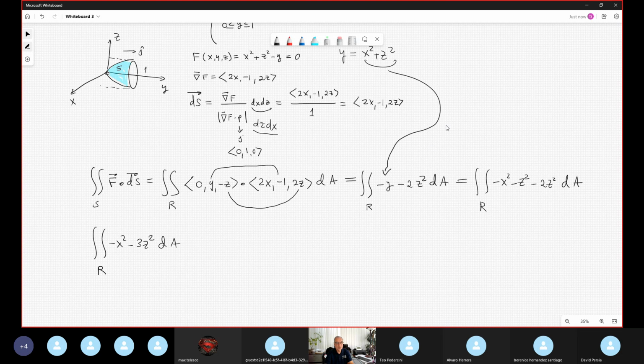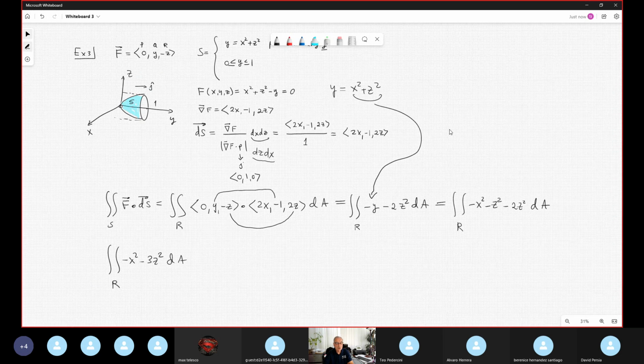So now I suppose that at y equal 1 this projection is a circle, and let me try to do the view in two dimensions. This is the view in three dimensions. The view in two dimensions is the xz plane. It's a circle with radius 1. This is 1, this is 1, this is negative 1. This is the projection of our surface onto the xz plane.